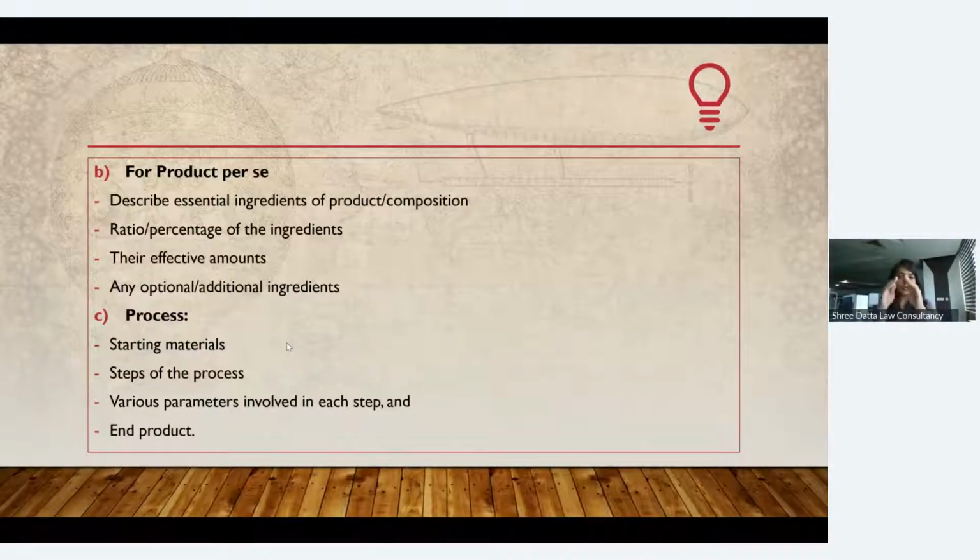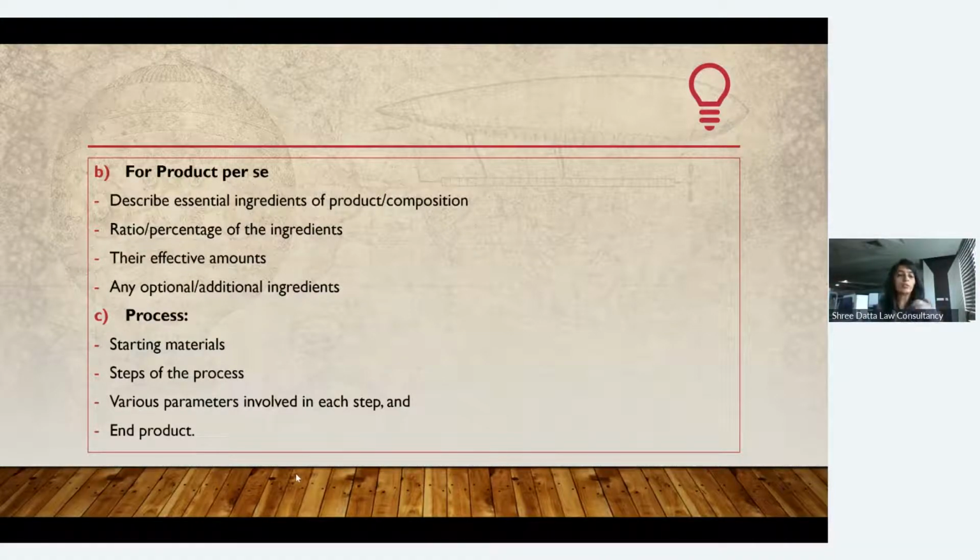When you are selecting the pharmaceutical invention as a patent drafting exercise, you have to first segregate all those things, whether it is related to the actual chemistry or the drug. Then you have to segregate the structure and the details, and based on that you have to draft the claim. If it is related to the product per se, meaning any composition or formulation related things, then you first segregate the things likewise, and based on that you draft the claims.